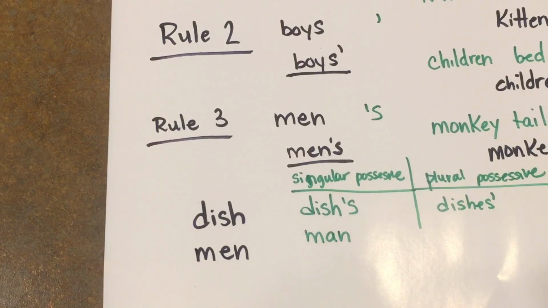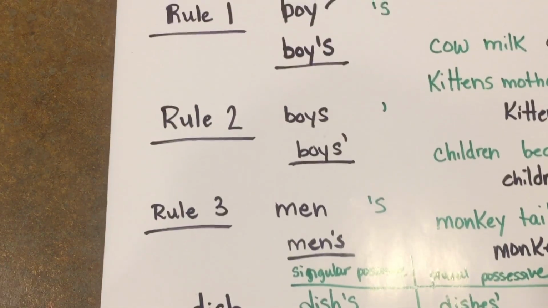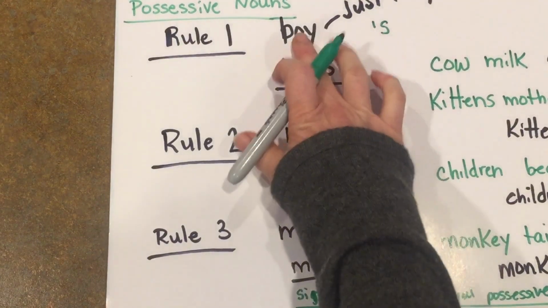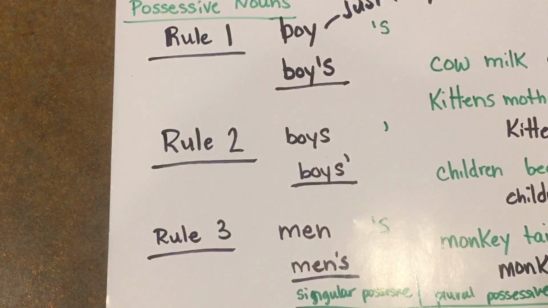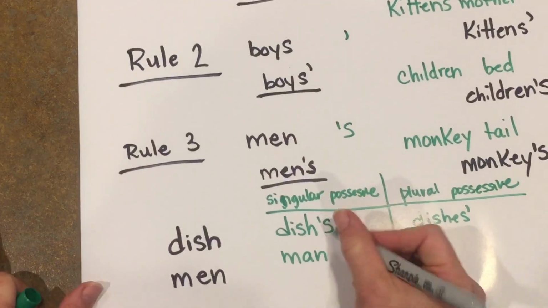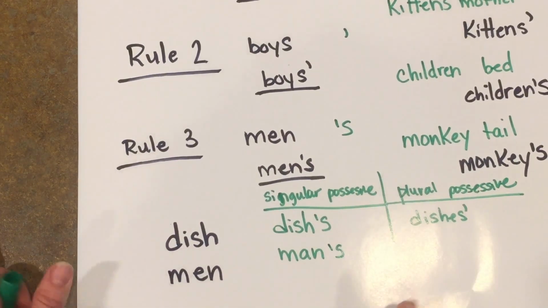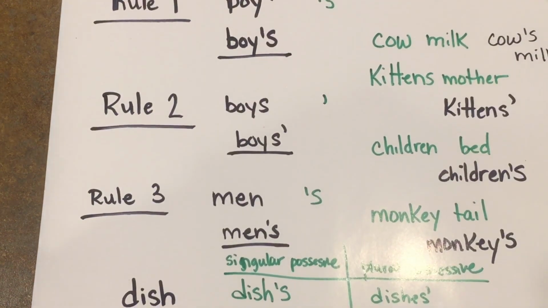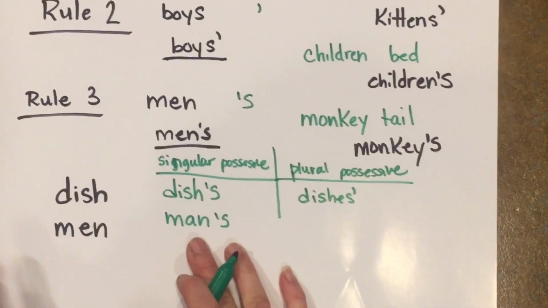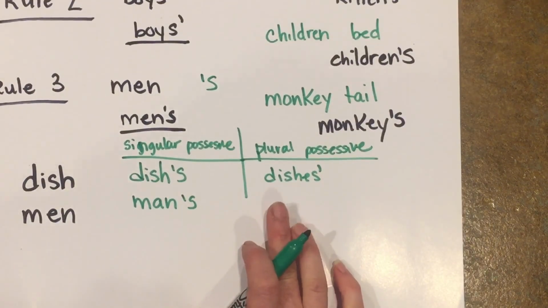Now, what if we talk about like the man's briefcase? So let's come up here to our rules. Just one man, we just add apostrophe S. So the man's briefcase.